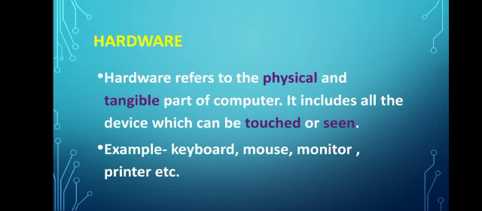What is hardware? Hardware refers to the physical and tangible part of the computer. Tangible means something which we can touch. It includes all the devices which can be touched or seen, for example keyboard, mouse, monitor, printer, etc.